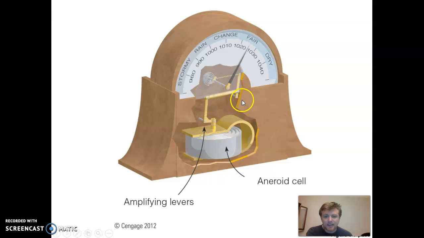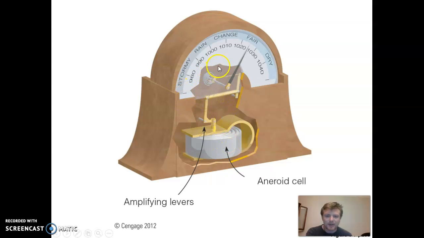But due to these levers, a small change in the pressure and the size of this pouch, the cell here, is going to move the needle, exaggerate that motion so that we can easily see the difference between our different pressure levels.